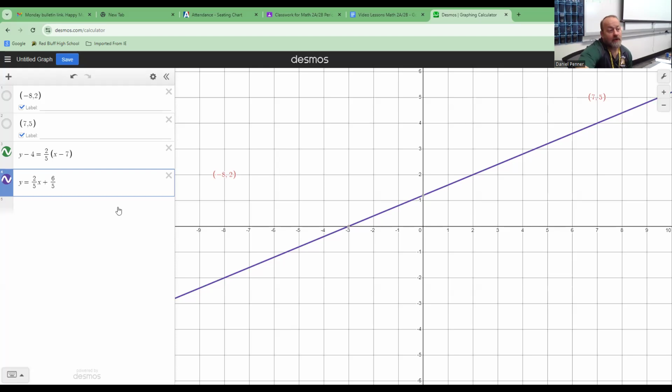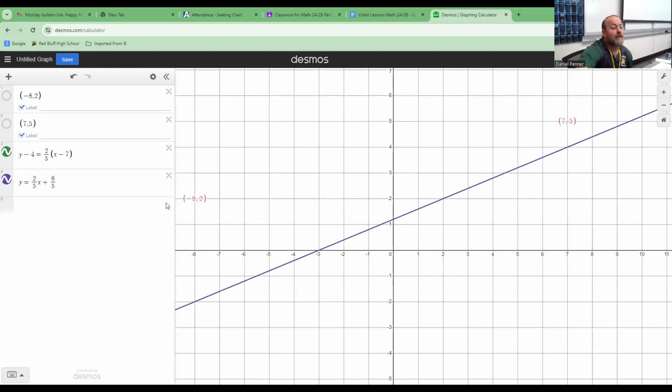Now, this problem was actually very easy to do in point slope form, because notice my coordinate 7, 4. I'm going to go ahead and put 7, 4 on my graph and label it. I did it backwards, didn't I? 7, 4 on my graph. There it is, nice and pretty. Let me turn these labels off for a moment.